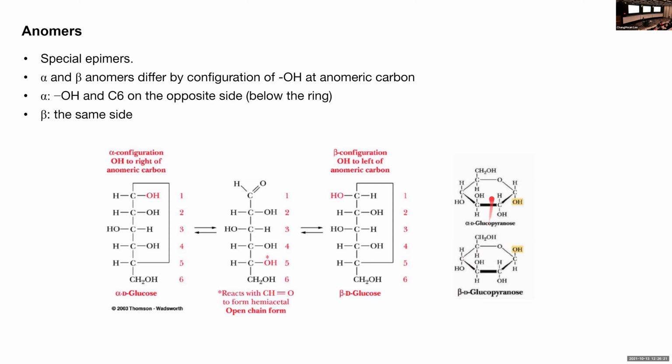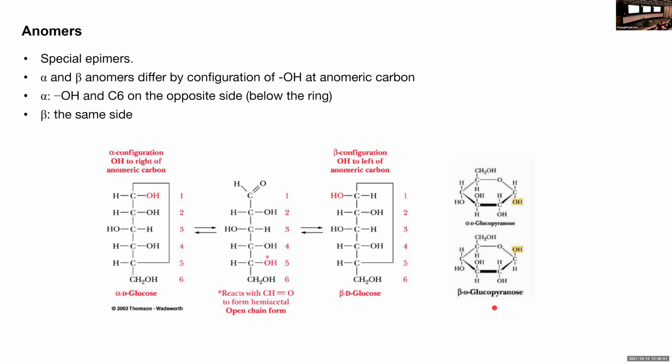If on the opposite side from the sugar ring, then it's the alpha form. Yes, I believe I said that, right? Then they're going to be the beta form.